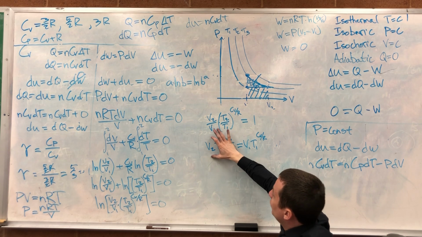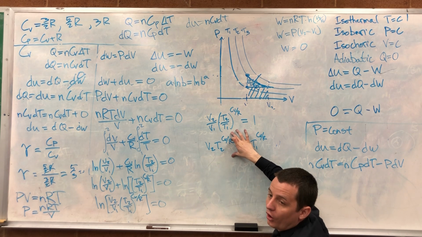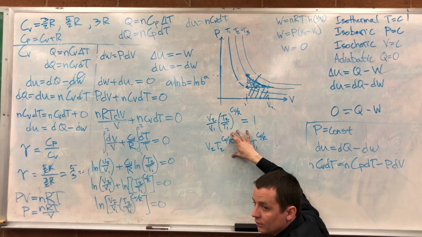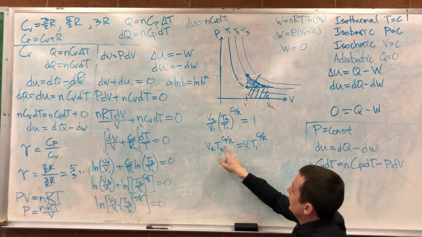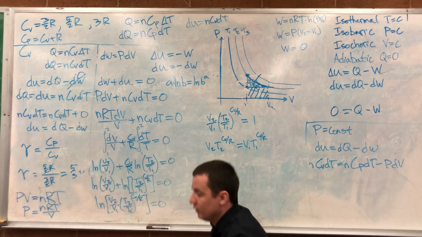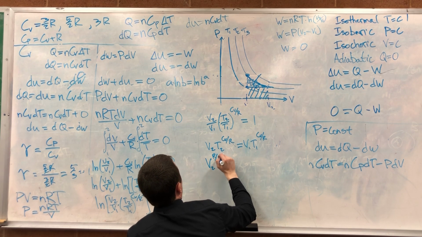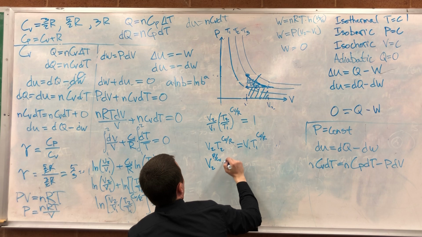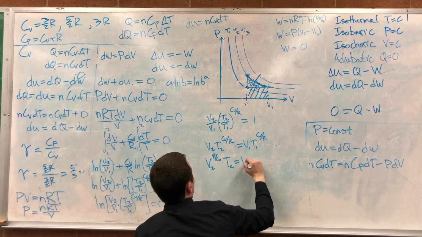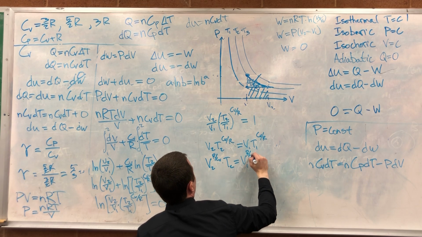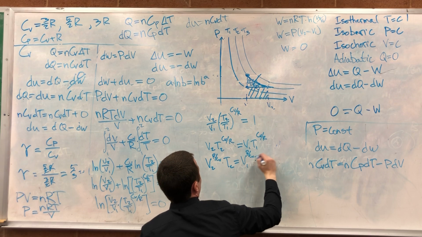So I'm going to raise both of these to the power of R over CV. It cancels out on this one and puts an exponent on this one. So we can also write this as V2 to the R over CV times T2 is equal to V1 to the R over CV times T1.